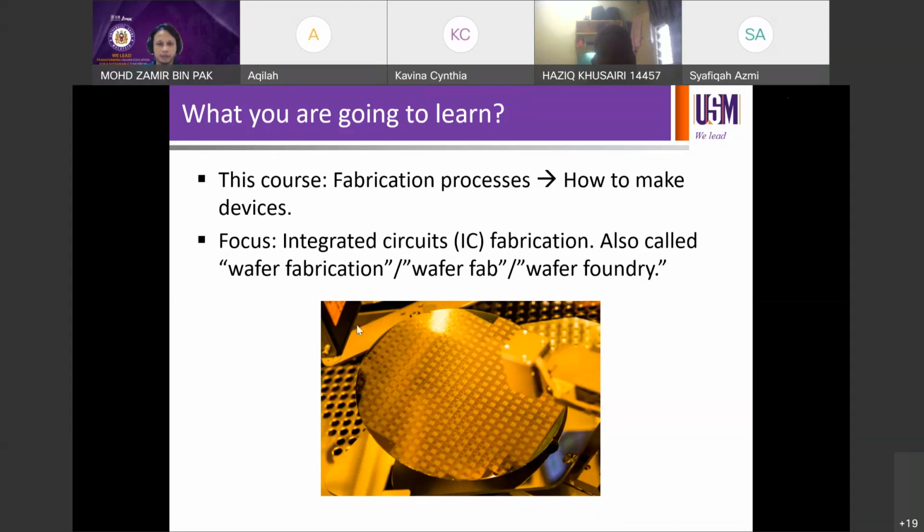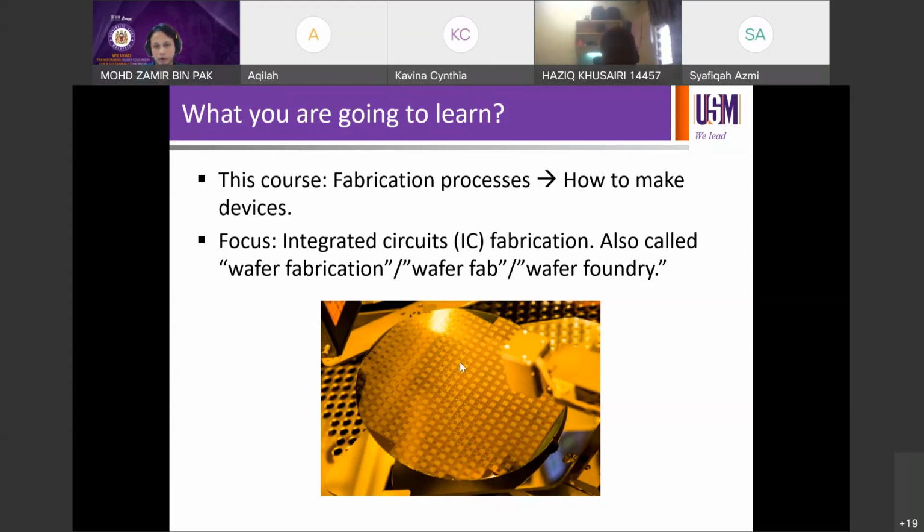If you see the picture down here, it is a picture of a wafer with integrated circuits printed on the wafer. You can see the wafer is roughly about 8 inches in diameter. That's about 200 mm from there to there in diameter, or 20 cm if you want to convert into centimeters.